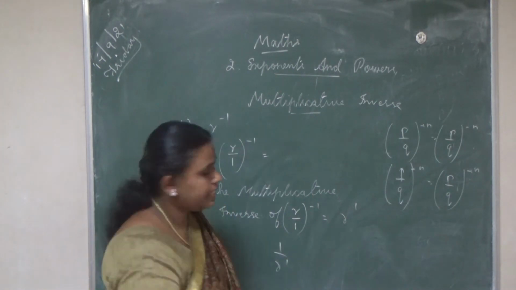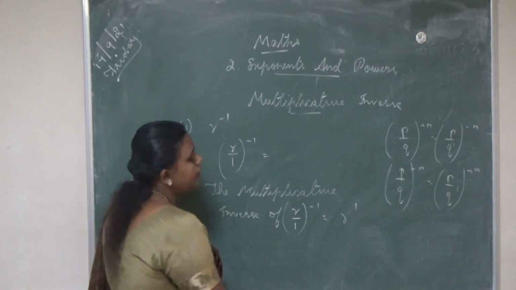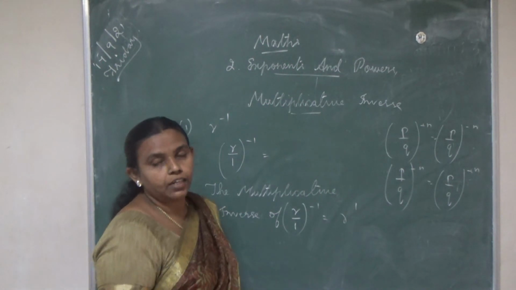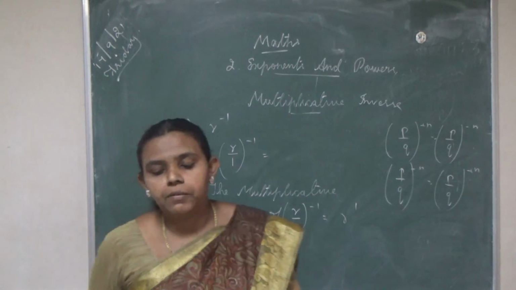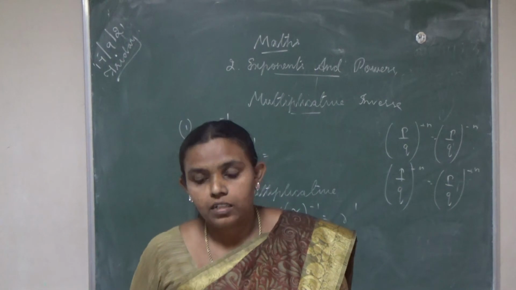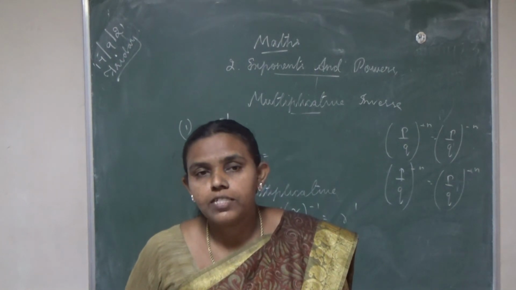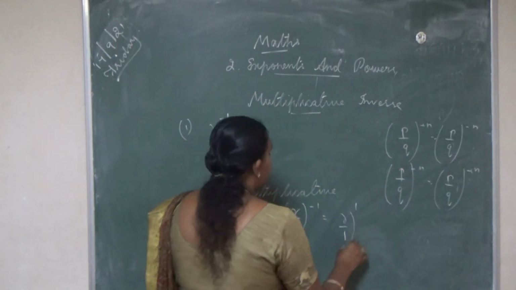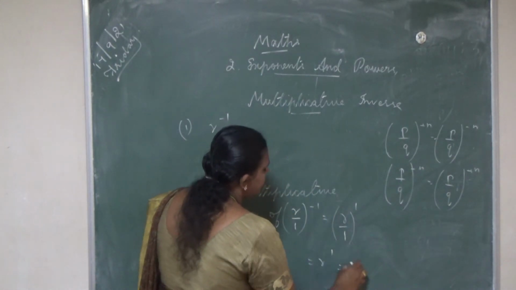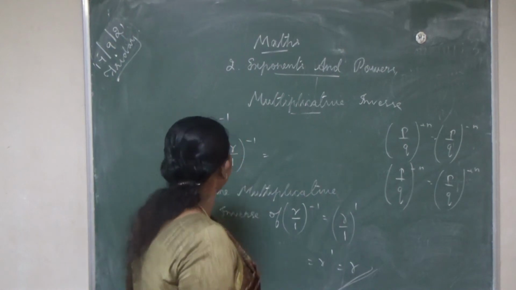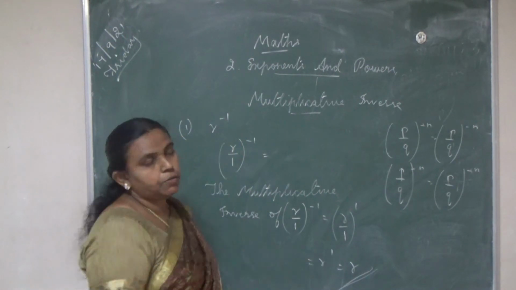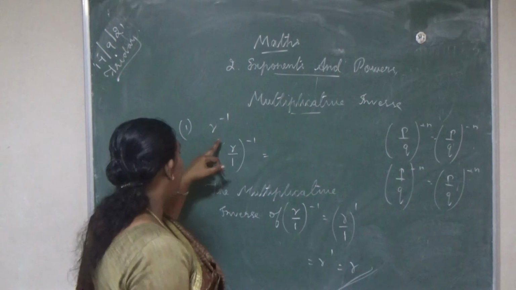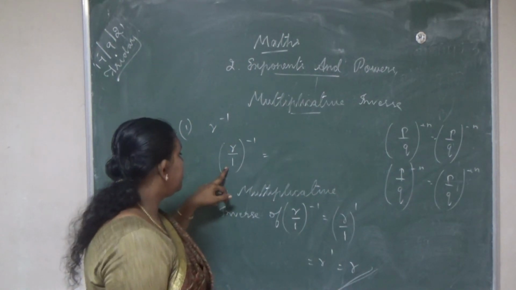Don't confuse this and that; just follow this method only. r power minus 1 is equal to r by 1 the whole power minus 1. Since r is an integer, we wrote it in the form p by q the whole power minus 1.